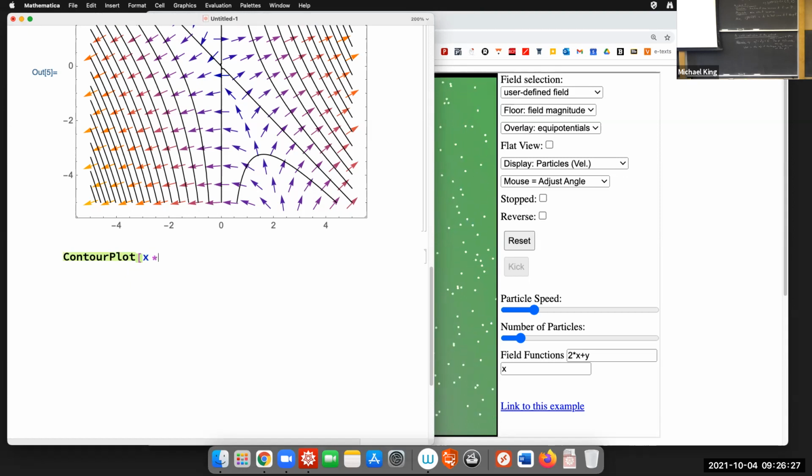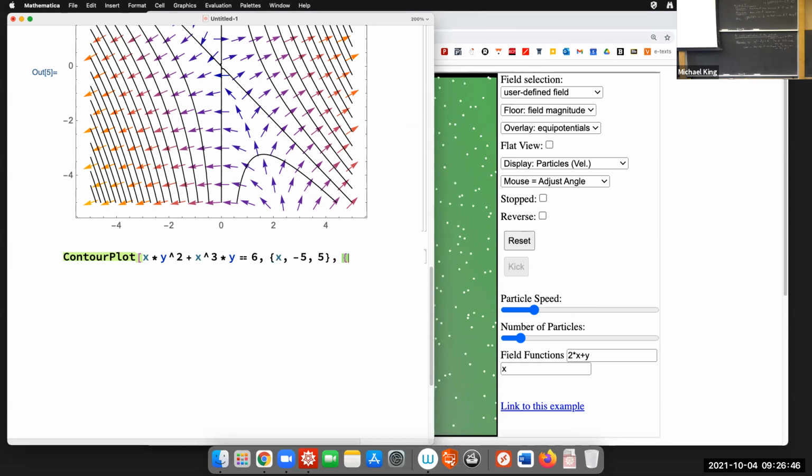So x times y squared plus x cubed times y equals 6. Does anybody have any idea what this looks like? I don't. And I'm a professional, supposedly. I don't know what this is going to look like.